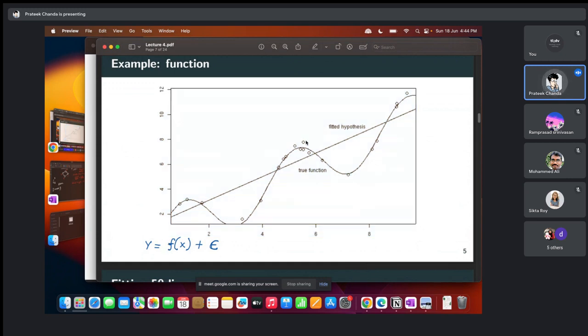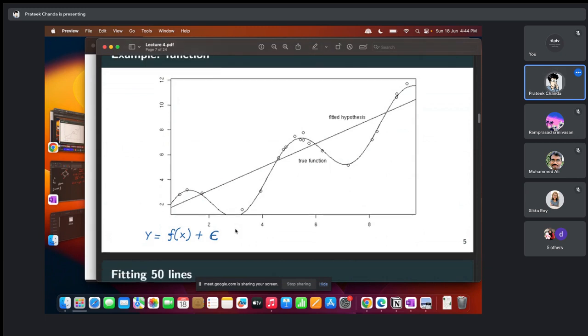I try to fit a line through it, and the straight line is my fitted hypothesis, one of the estimators. Here y is my true function f(x) plus some epsilon, the error, the difference between the true function and the fitted hypothesis.